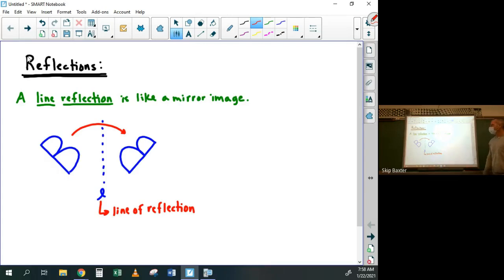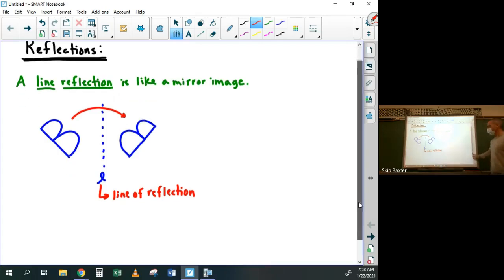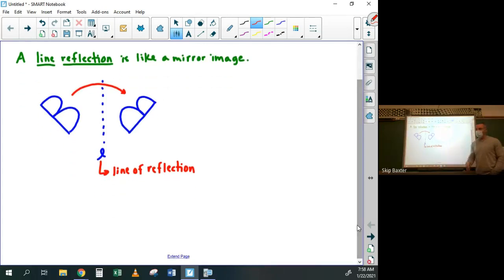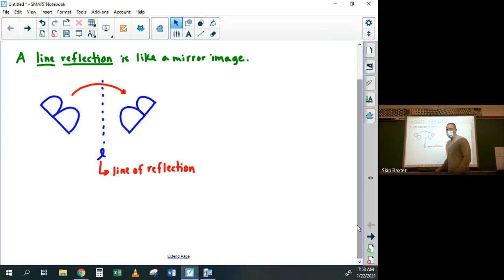Okay. So when you're talking about coordinate geometry, like points on the XY axis, there's several common types of line reflections that you're expected to be able to do. Before we start this, if you don't have a piece of graph paper, you should grab one, because that's really the best way to do this, is on graph paper. Okay?